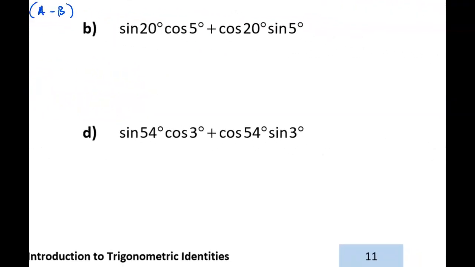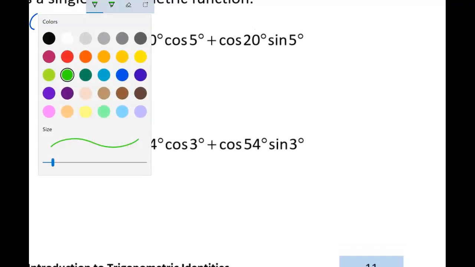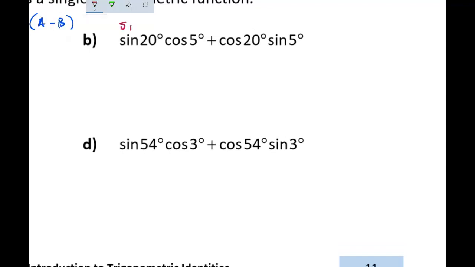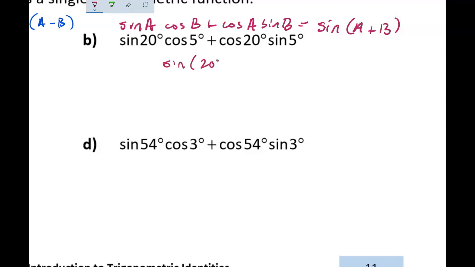All right, let's do a similar thing with B. B is in the form sine A cosine B plus cosine A sine B, and that's our formula for the sine of A plus B. So that's going to be the sine of 20 degrees plus 5 degrees, or the sine of 25 degrees.